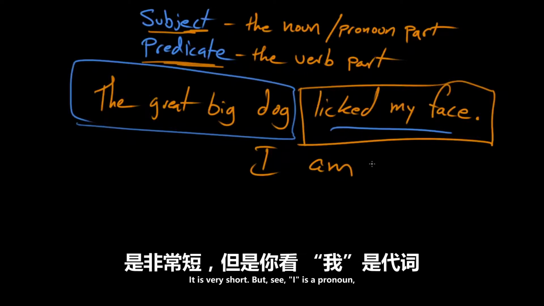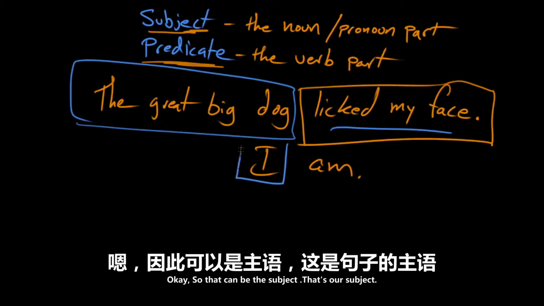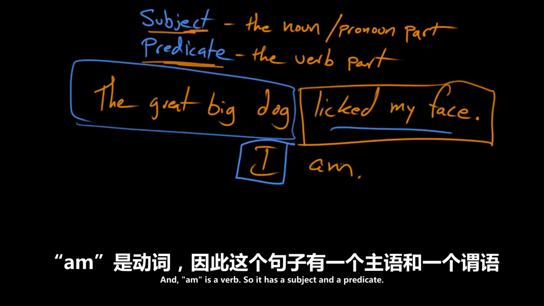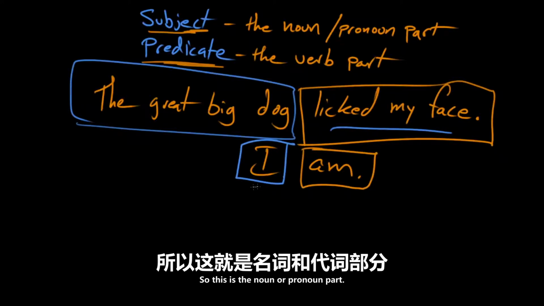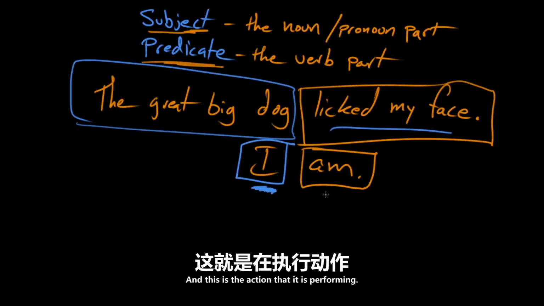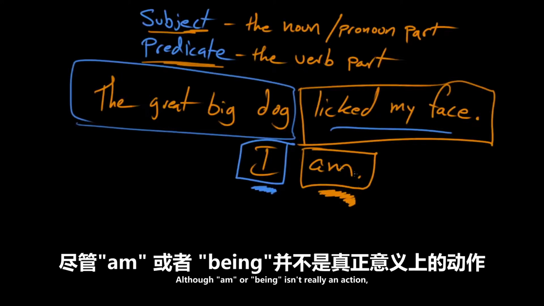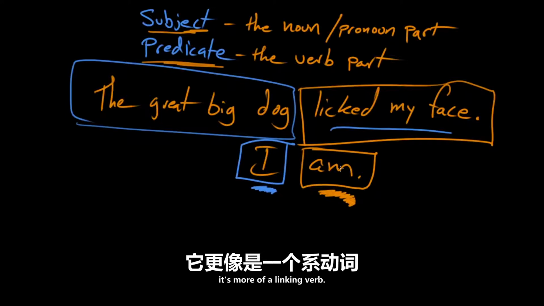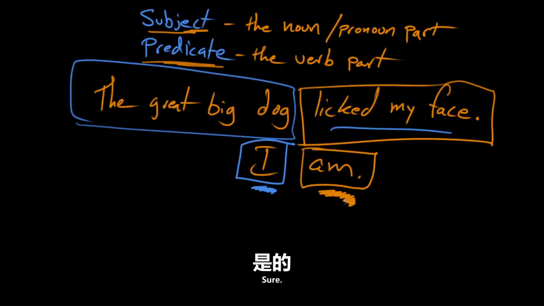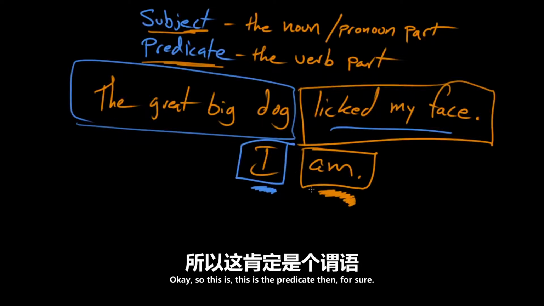It is very short, but you see I is a pronoun. So that can be the subject. That's our subject. And am is a verb. So it has a subject and a predicate. So this is the noun or pronoun part, and this is the action that it is performing. Although am or being isn't really an action. It's more of a linking verb. Sure. But it's still a verb. That's okay, right. So this is the predicate then, for sure.